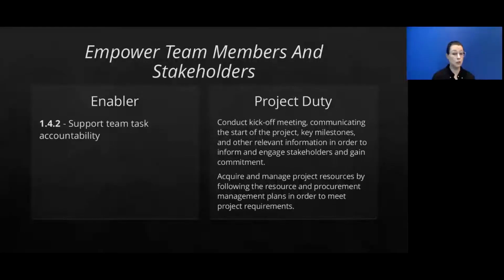The enabler for 1.4.2 is support team task accountability. So the project duty here is to conduct that kickoff meeting, communicating the start of the project, key milestones, and other relevant information in order to inform and engage stakeholders and gain commitment.